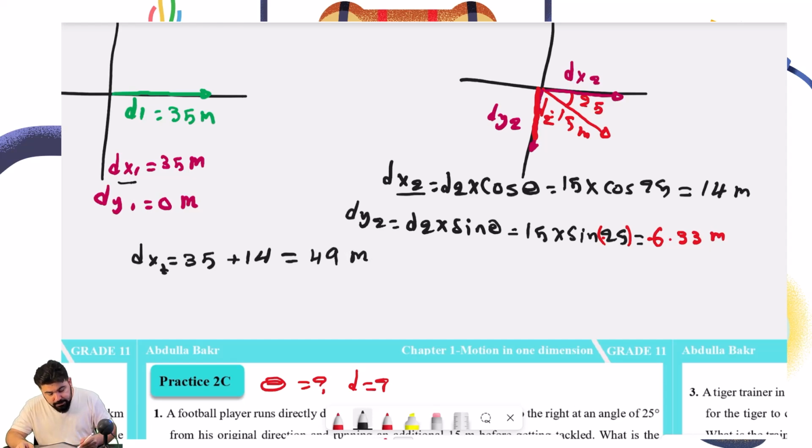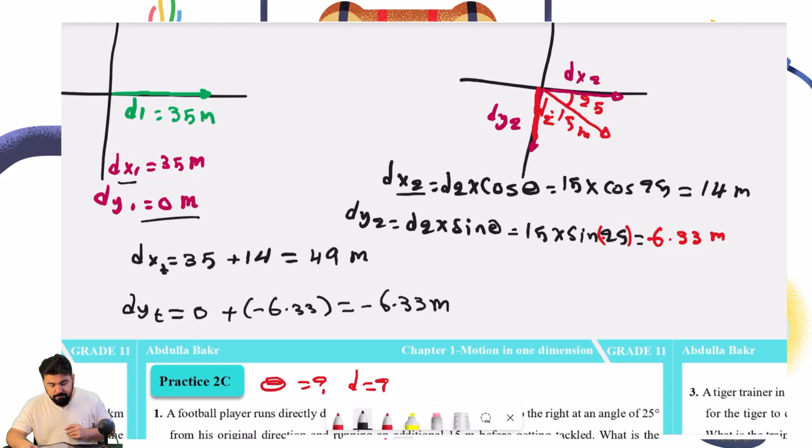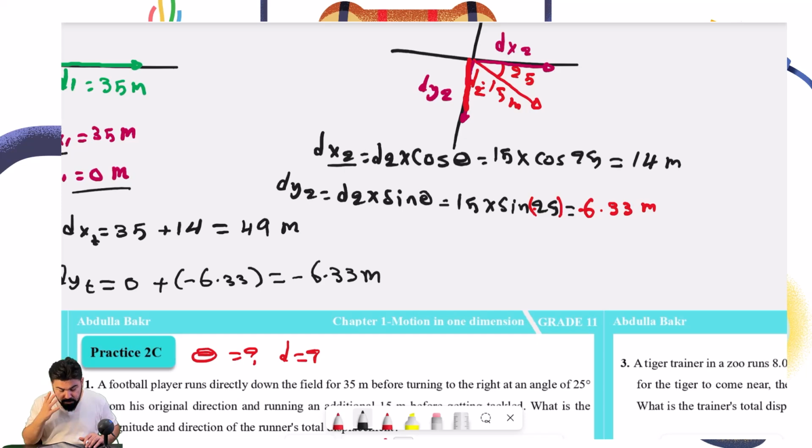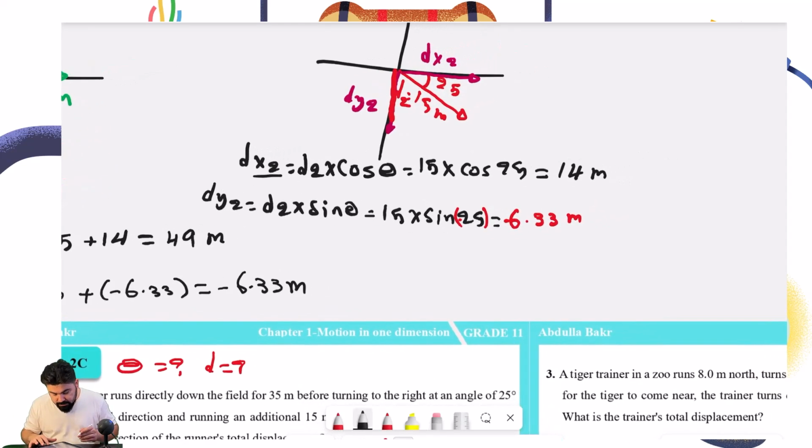Now dy total is going to be dy1, so 0, plus negative 6.33. So of course this is going to be negative 6.33 meters, because I have only dy2.